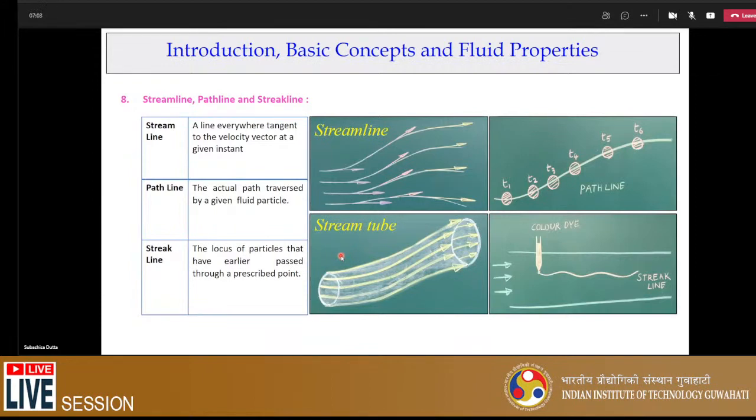If I draw a line, the tangent of that line indicates the direction of the resultant velocity vector at that point. We discussed the necessity of having a stream tube, streamlines, path lines and streak lines. They are flow visualization techniques you can use to understand how the flows are happening.